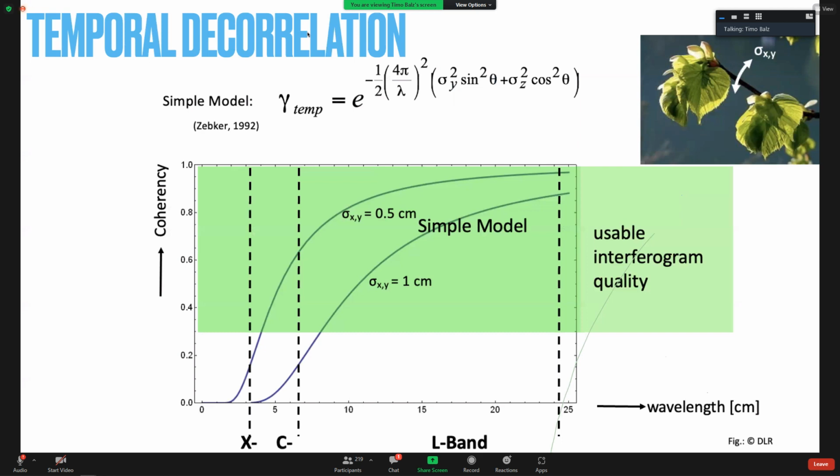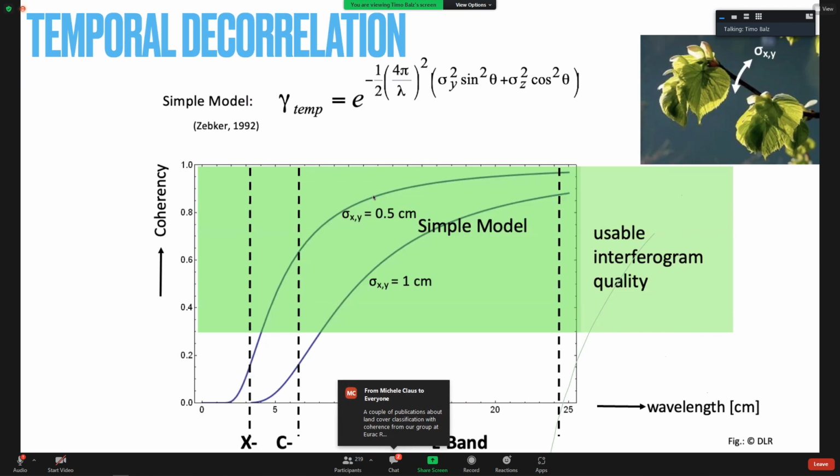Right, and here's a rather simple model of the temporal decorrelation, just assuming a twig, and you see the motion around there, going up and down. So if we have such a motion of, let's say, 0.5 centimeter or 5 millimeter, it's really not much, right?